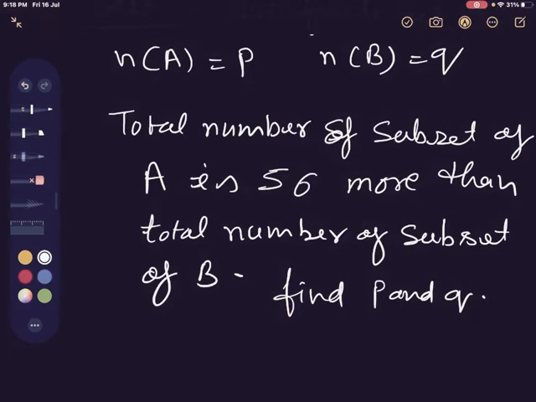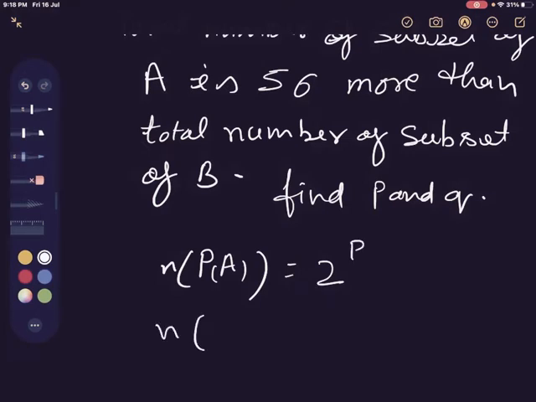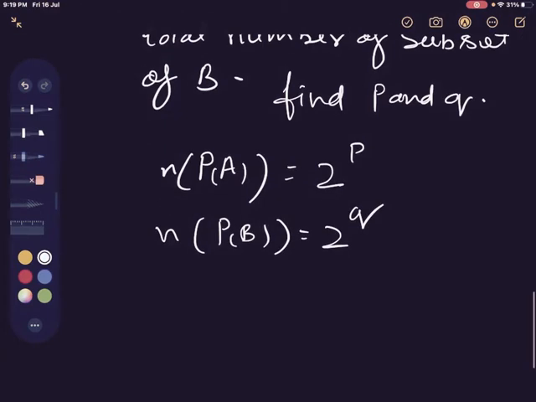I know the total number of subsets of A is the power set of A, so the number is 2 to the power P, and the total number of subsets of B will be 2 to the power Q. It's given that 2 to the power P minus 2 to the power Q is equal to 56.